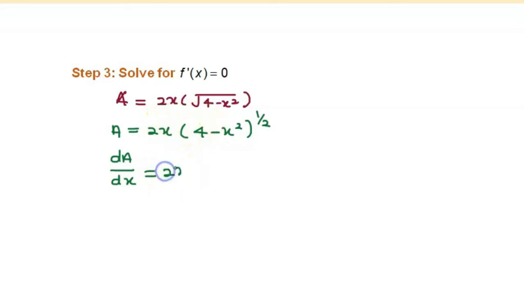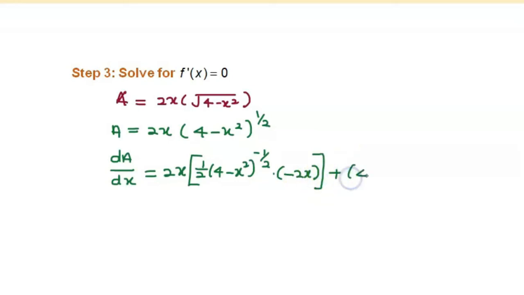For that, we keep 2x and differentiate the second term, which is half times 4 minus x squared to the power of negative half, multiplied by the derivative of the term inside the bracket, which is negative 2x. And we need to add, maintaining 4 minus x squared to the power of half, times the derivative of the term 2x, which is 2.